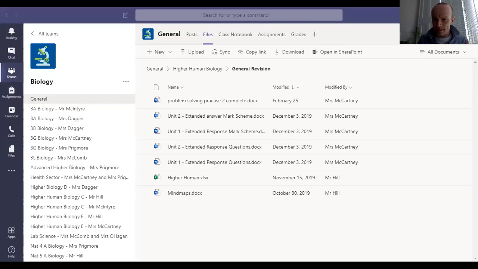Now you won't have as many as this, I don't think. But for this course, the key one to check you've got is Higher Human Biology. Click on, and again you can see it's split into 3 units: first unit, second unit, third unit.